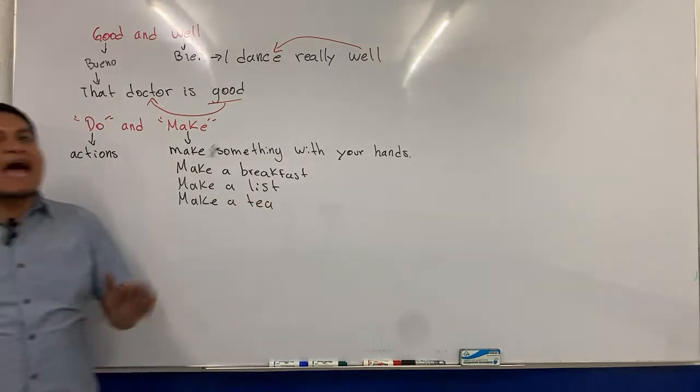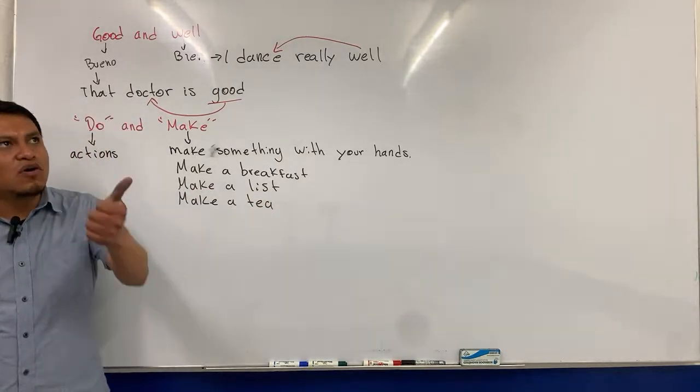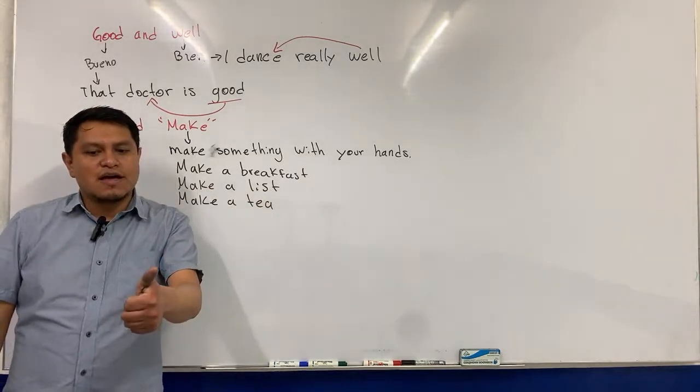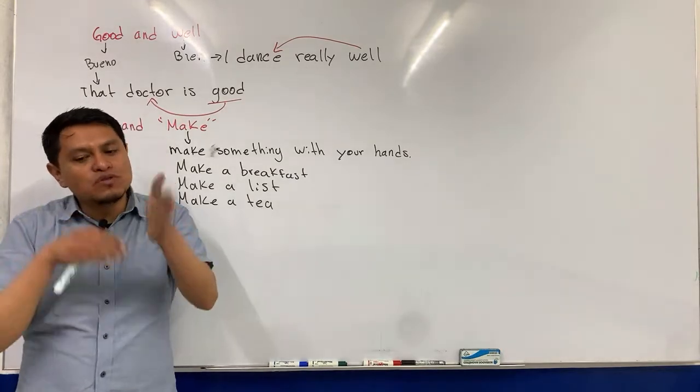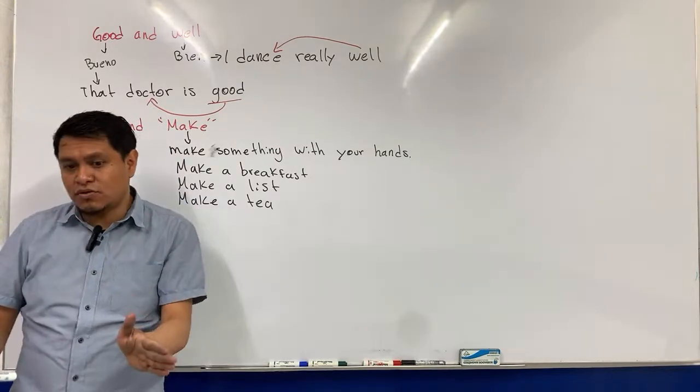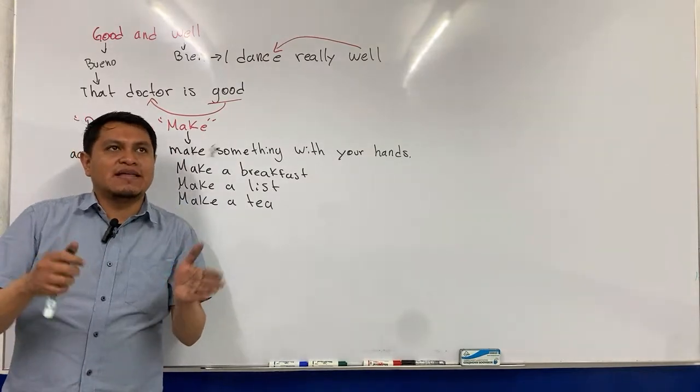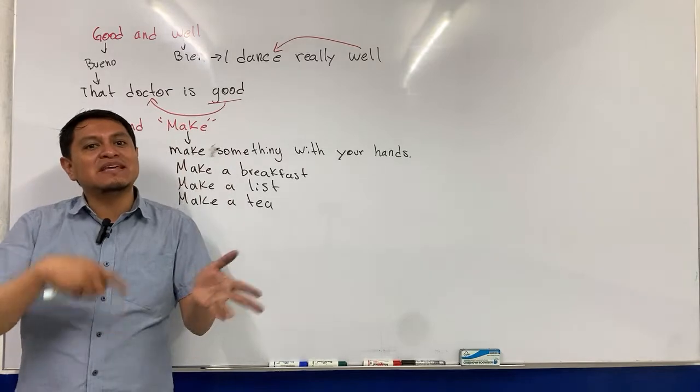And do is for actions, for example, work, homework, activities. I mean, no producen necesariamente un objeto físico. And a general activity, una actividad general.